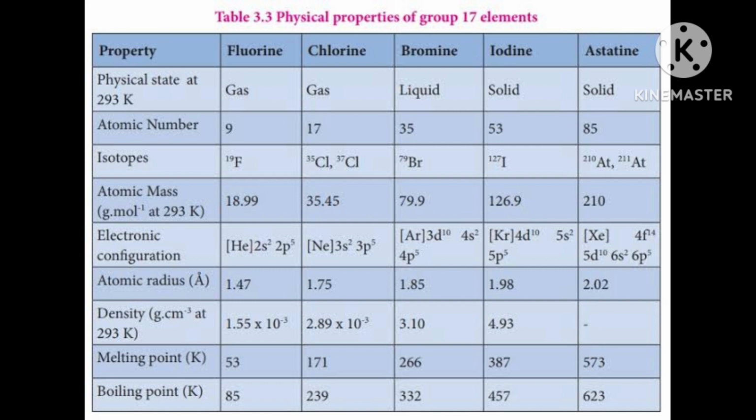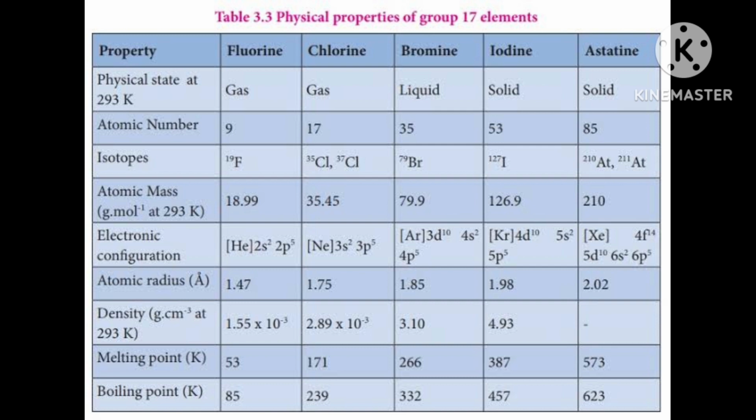Most of the reactions of fluorine are exothermic, which means they release energy, heat. Why? Due to the small and strong bond formed by it with other elements. A small bond means a strong bond.